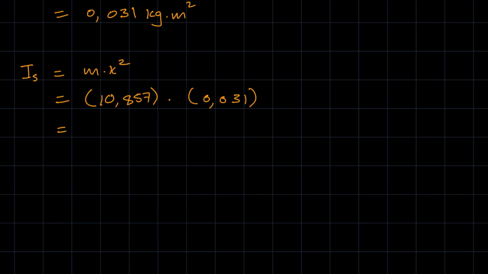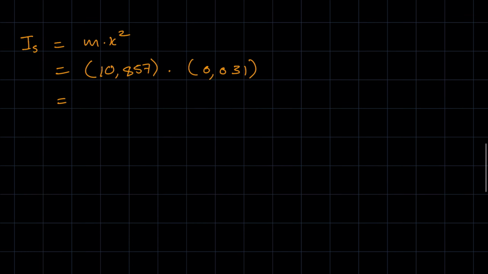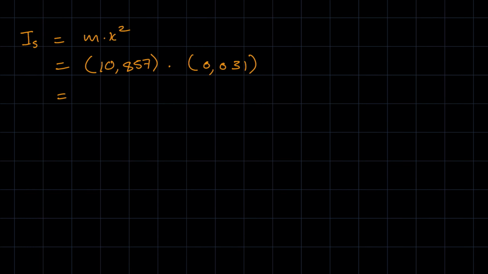Now we punch that in your calculators and we get 0.337 kilogram meter squared. Let me just make sure that's the case here. So we have 10.857 times 0.031.